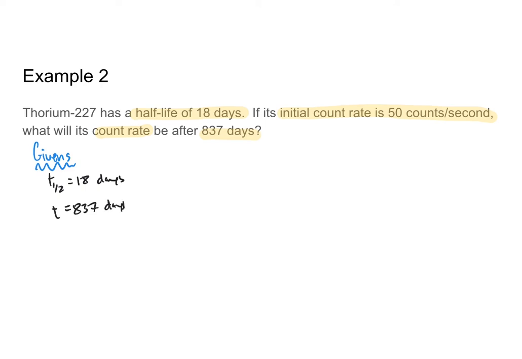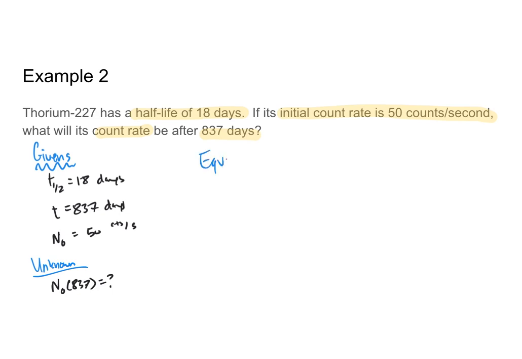I also know that my initial count rate, N naught, is equal to 50 counts per second. And that means I am ready to identify that my unknown is my count rate after a time t. So my count rate at 837 days is some mysterious number.